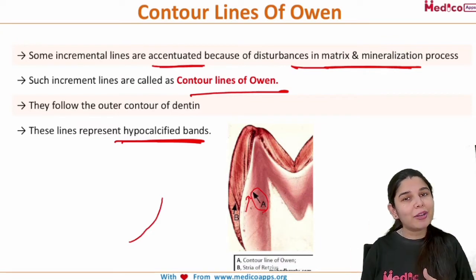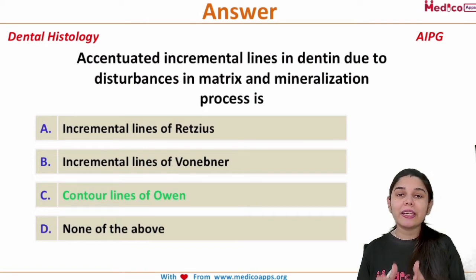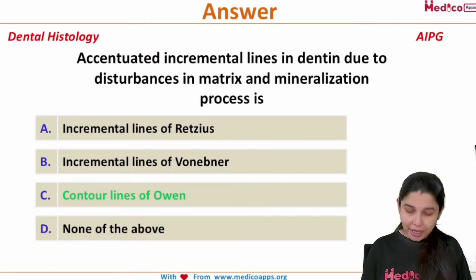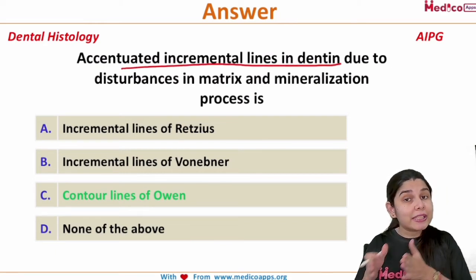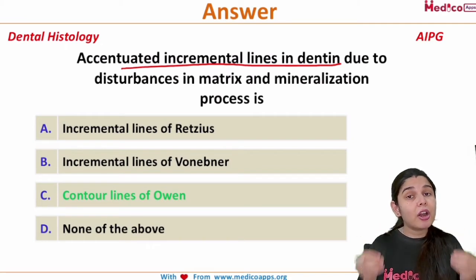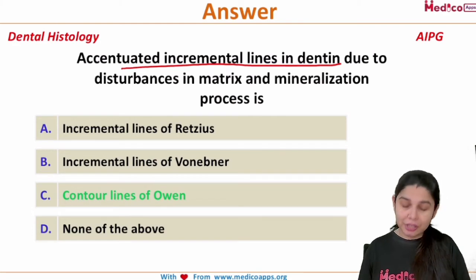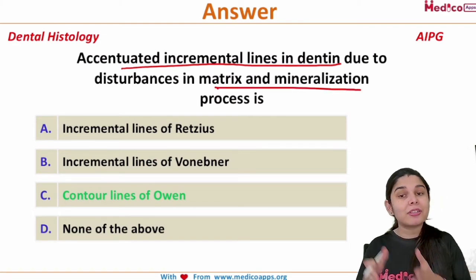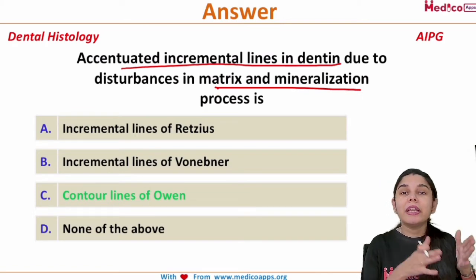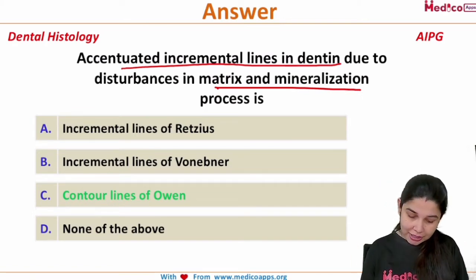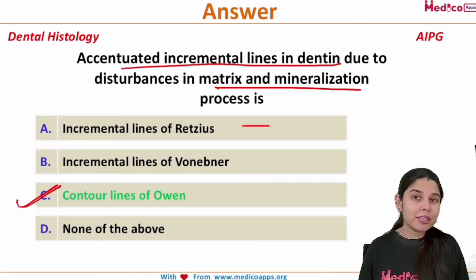So let's go back to the question which I had asked, and the question was about the accentuated incremental lines in the dentin. Till here nothing shows any abnormality, but the second line of the question says a lot, and the answer comes from there. The key point is that due to the disturbance in the matrix and mineralization process, the incremental line is known as the contour lines of Owen, because the incremental lines of Retzius are totally different.